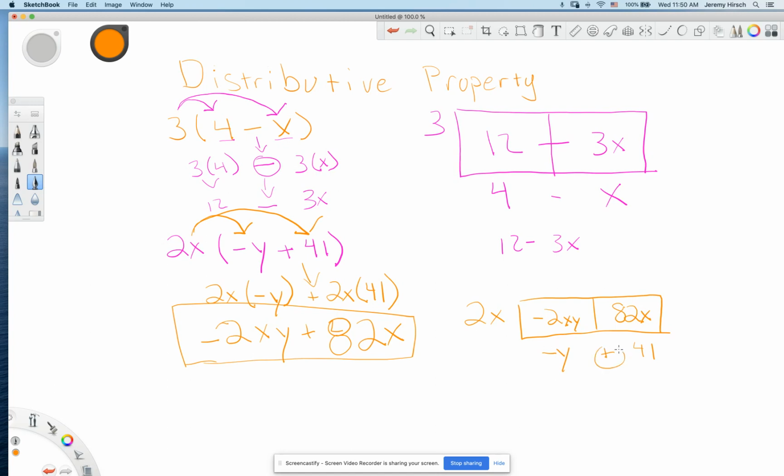Because we have a plus, we put a plus in the middle, and it turns into minus 2xy plus 82x. Or we could rearrange those and say 82x minus 2xy. So that's how you would do the distributive property, either distributing with the parentheses or using the box method.